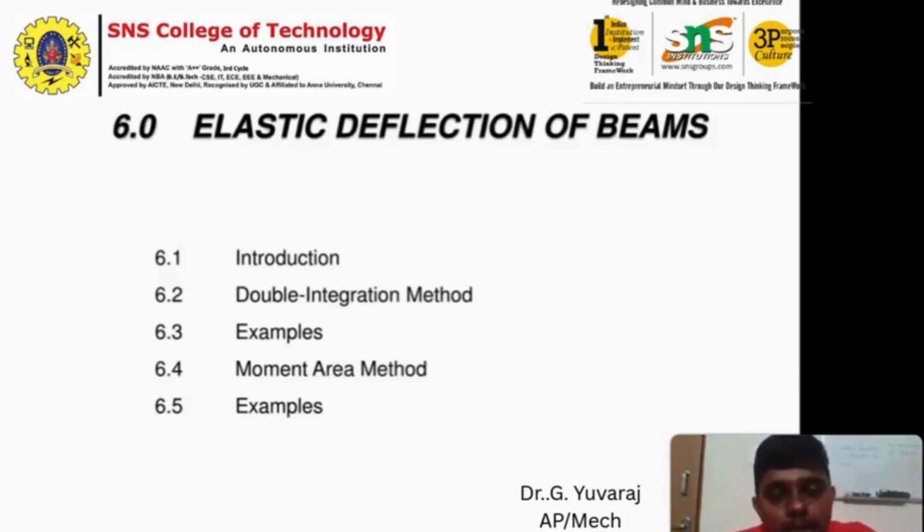In continuation with the previous sessions, I'm going to carry out another unit, that is the deflection of beams. In this unit we study how beams get deflected from their initial position because of the load, what methods we need to analyze the deflection, and what the types are.